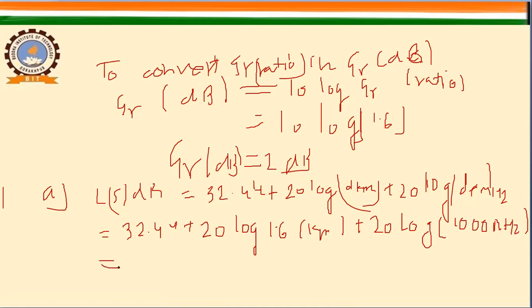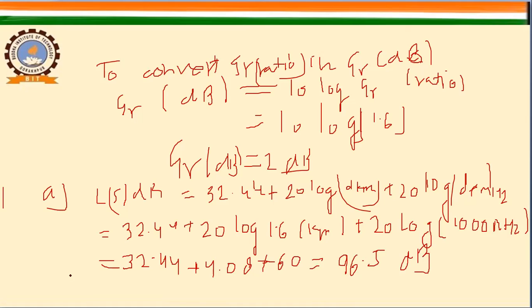After simplification, 32.44 plus 4.08 plus 60 is equal to 96.5 dB. It is the path loss in dB.